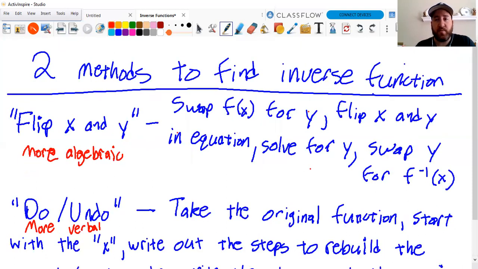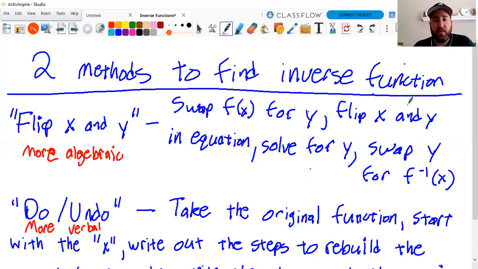All right, so my two methods, we call the first one flip x and y. It's more algebraic. So we know f of x and y are interchangeable. We've learned that in the past. So I swap out f of x for y, and flip x and y in my equation, on either side of the equal sign. That's the only thing I flip.